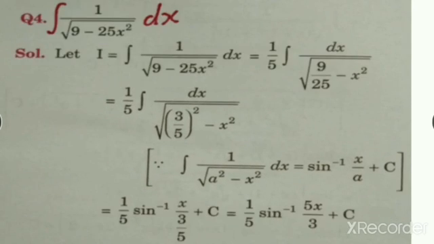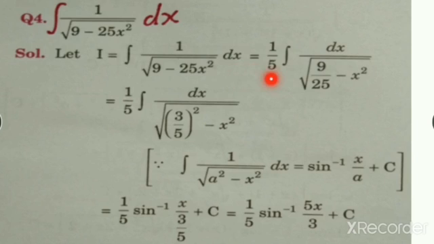Here integration 1 upon root 9 minus 25 x square. Again we have to change this in integrable form. For this purpose, once again we are writing I is equal to integration 1 upon root 9 minus 25 x square.